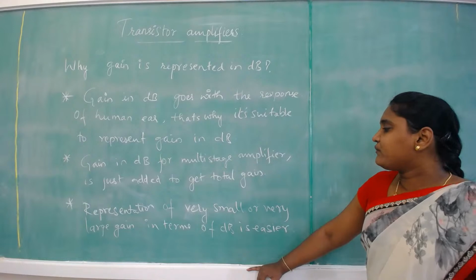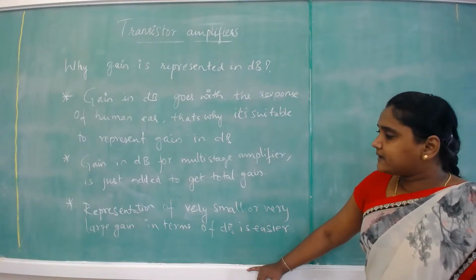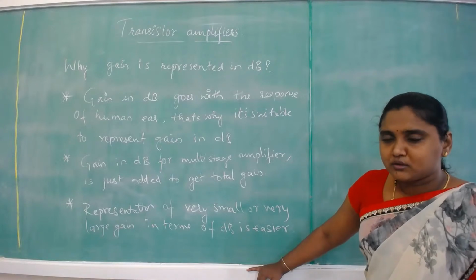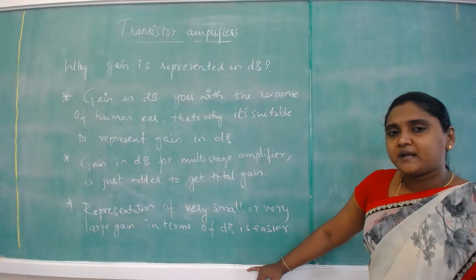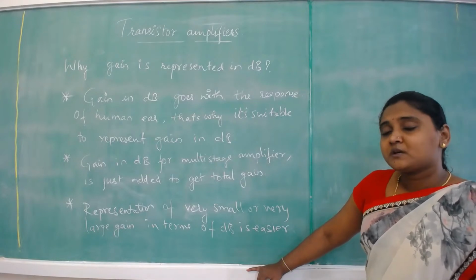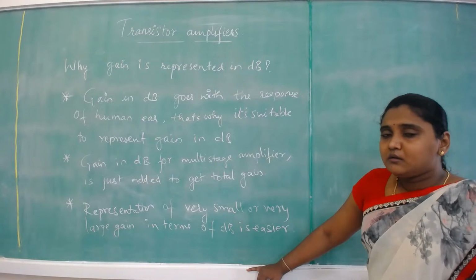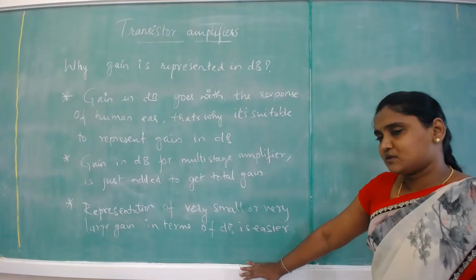Then representation of very small or very large gain. I have taken the example also, where log to the base 10 of 100000 is 5 and 0.00001 is minus 5. So very small as well as very large values can be easily represented in terms of dB.